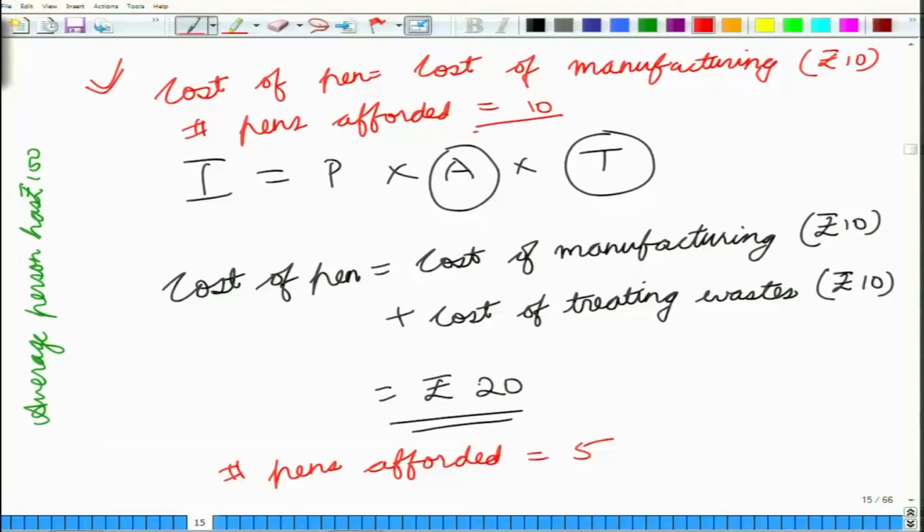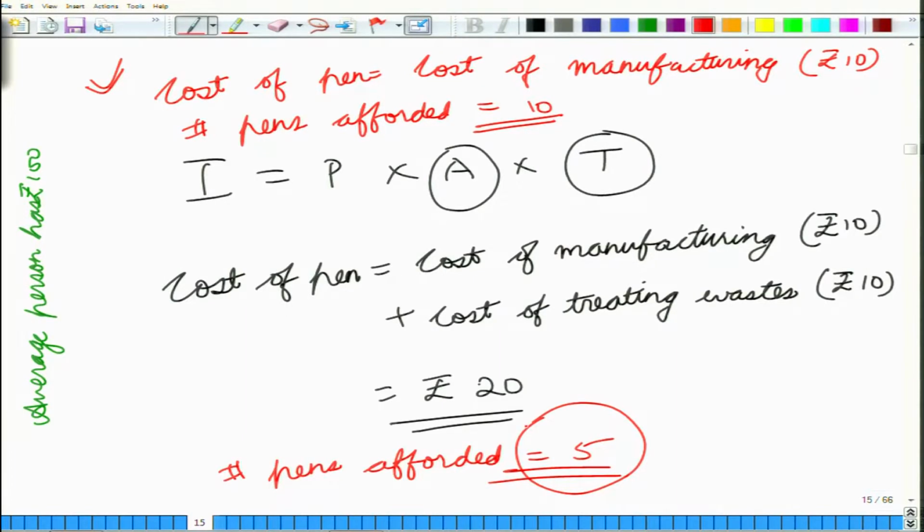But when you are using your technology to save the environment, you are not saving it just for yourself, you are saving it for the future generations, for your children or your children's children and so on. So, if you are doing that in the current generation, you will have to make do with certain sacrifices. You will only have 5 pens.